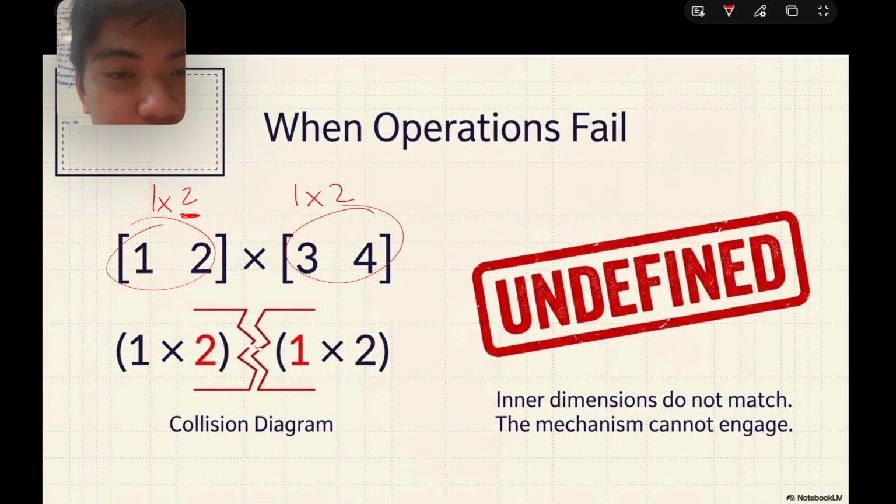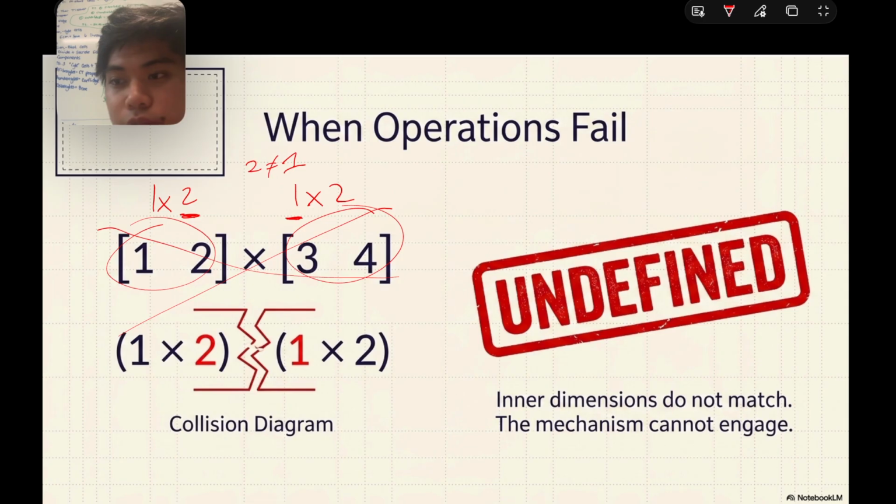Note your inner dimensions here: you have 2 as the number of columns of the first matrix and 1 as the number of rows of the second matrix. Those are not equal, and therefore you cannot multiply these two matrices together. The operation will fail. You will say it's undefined, and this is referred to as the collision diagram as well.